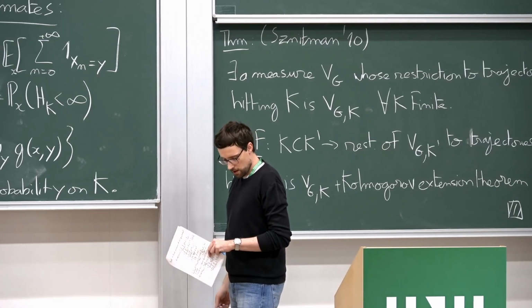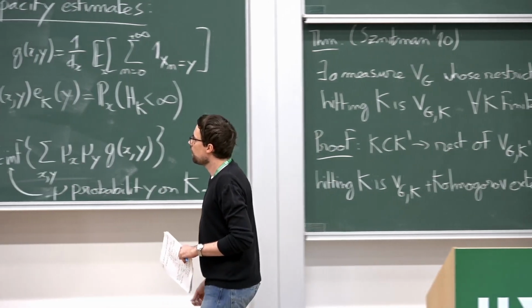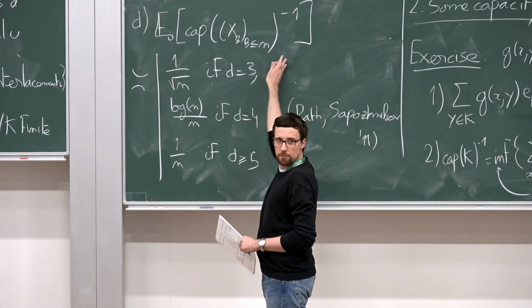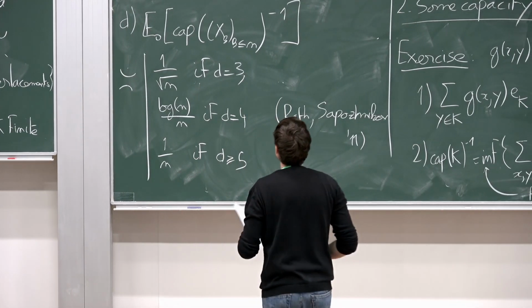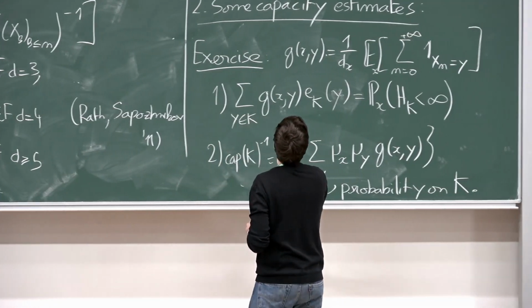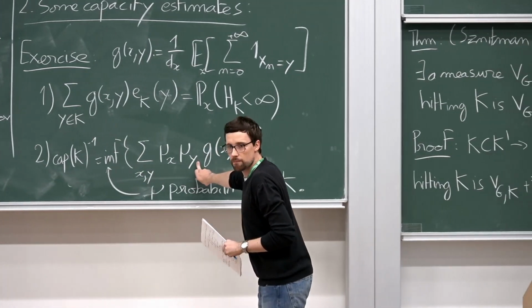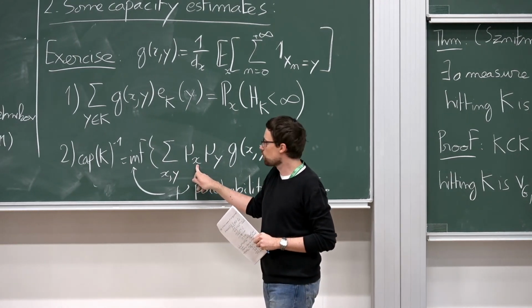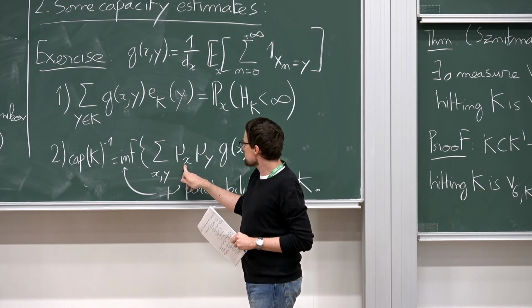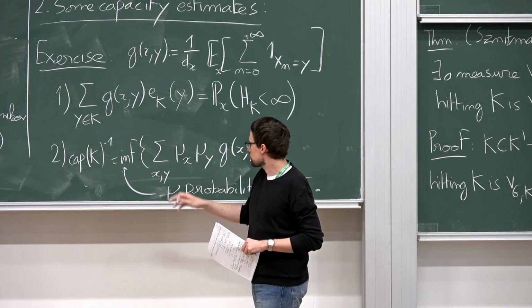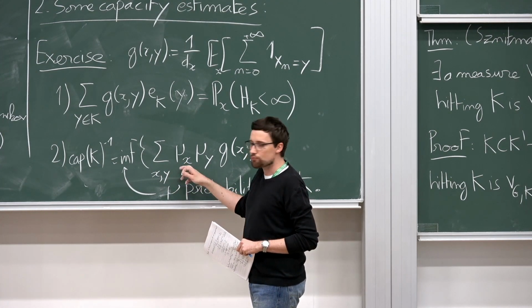And for the last one, the capacity of the random walk, it is a bit more complicated. But basically, if you just want the lower bound, you need to use this formula, but you need to take mu x to be proportional to the local time at x, that is, how many times I came back to x, divided by n, so that this is really a probability measure.